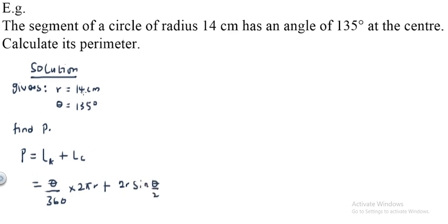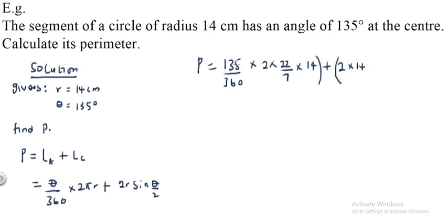We simply plug in everything we have, so that the perimeter equals theta, 135 degrees, over 360, times 2 times pi, which is 22 over 7, times 14, plus 2 times 14 times sine, the angle is 135 over 2. Be careful when you are dealing with these so that you don't mix them up.